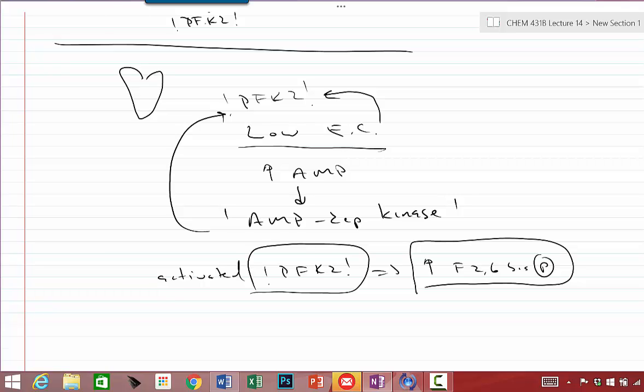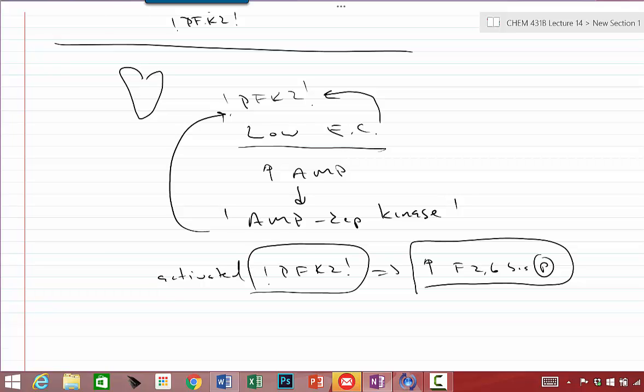It's a very complicated diagram, and I only want you to concentrate on just a few things in here, because it's very easy to get dizzy looking at this type of diagram. I've written here in pencil low EC, low energy charge. What that means is that the AMP to ATP ratio has increased. AMP will bind to this kinase.